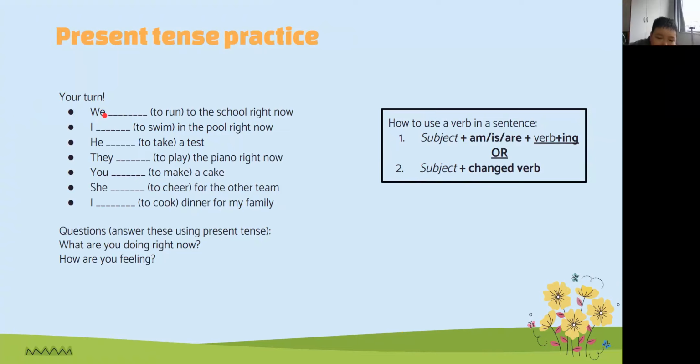We can run to the school right now. That's a really great sentence, but you used can. Right now we're trying to practice just using the verb run. Don't add can into it. Can you use either this formula or this formula to complete the sentence?